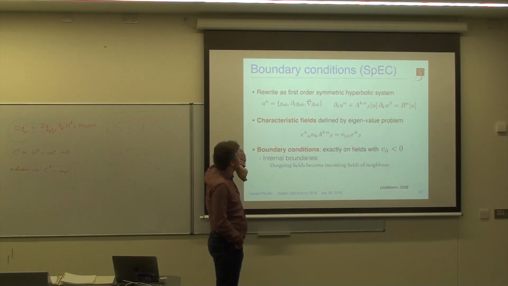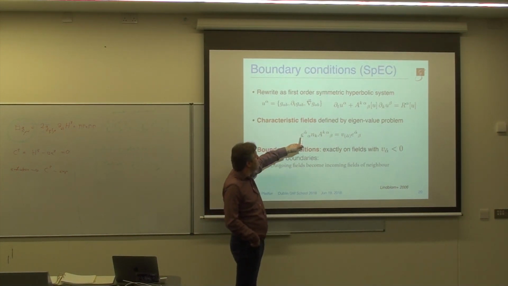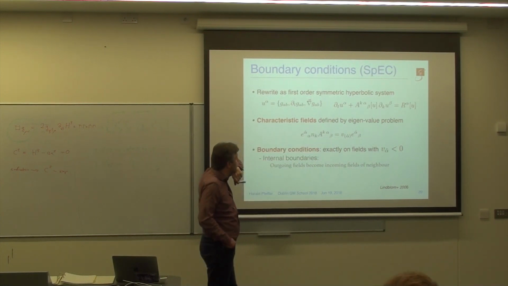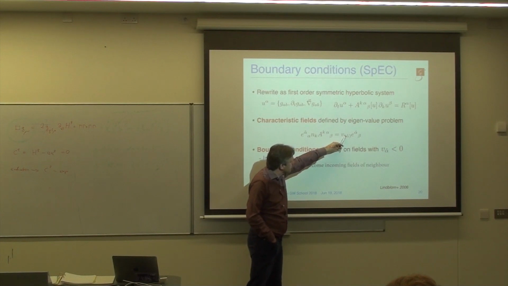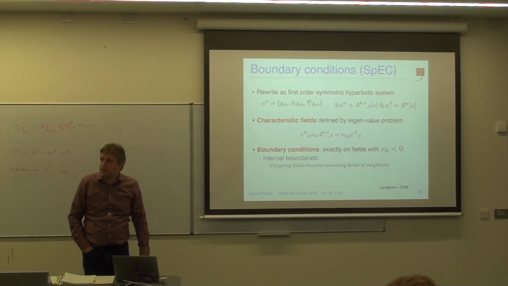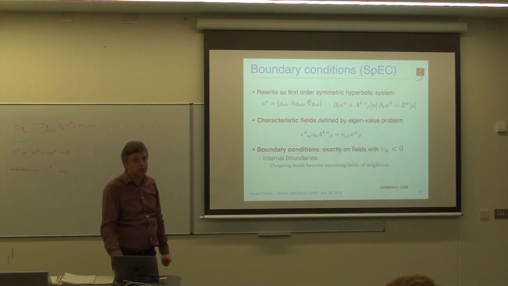And you then do an eigenvector decomposition of that matrix A multiplied with the propagation direction. The eigenvalues tell you how many boundary conditions you need and for what fields you need the boundary conditions.